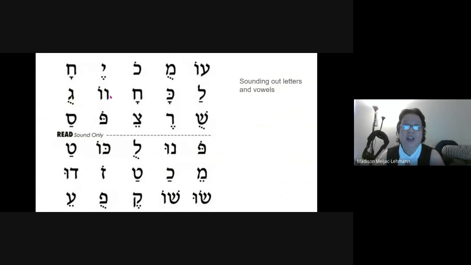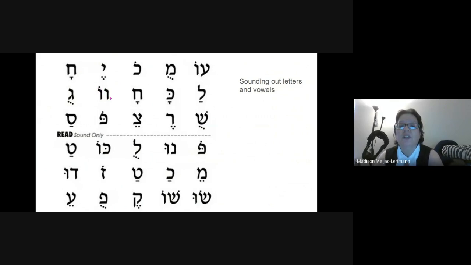Okay. Now this one has two vowels together. So we know we always have to start with the consonant. So we have a v sound. Okay. And then we go here and we see the vowel. Okay. And then we have another vav. So technically this would be vo. I can't think of a reason why this would be vov.